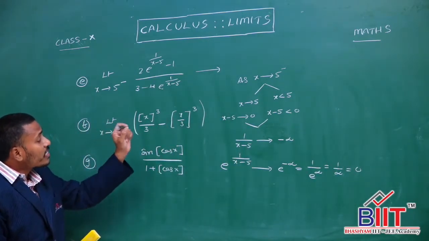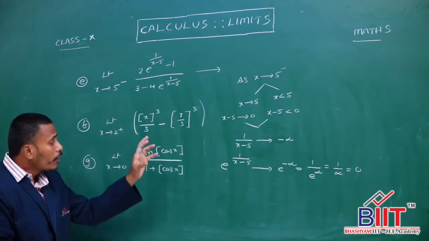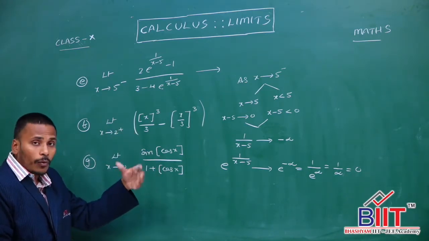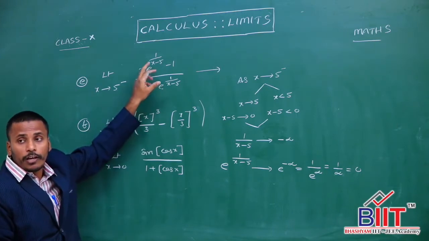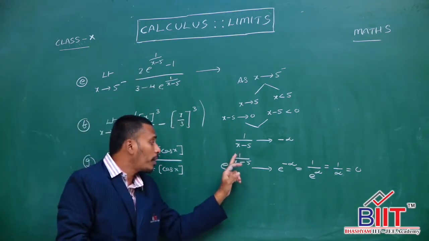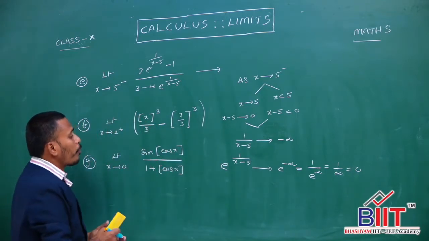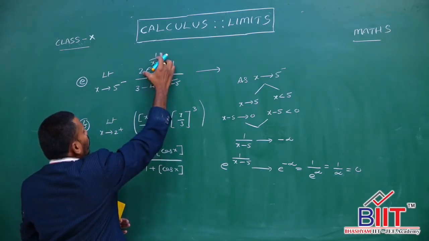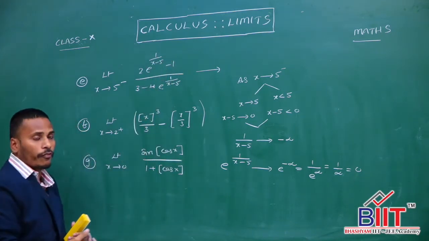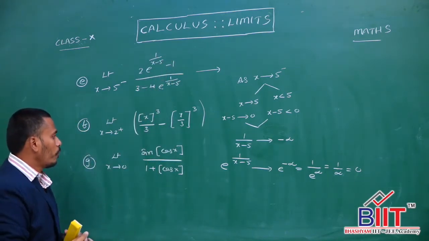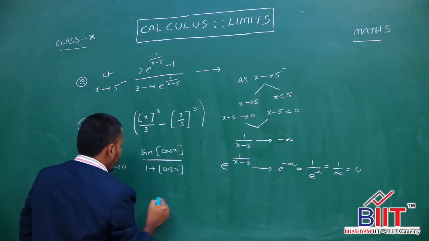So, as x tends to 5 minus, this e power 1 by x minus 5 is almost 0. Since it is approaching 0, you just replace e power 1 by x minus 5 with 0. So, finally, what can you say about the limit?